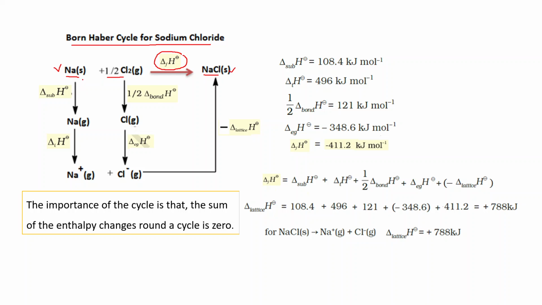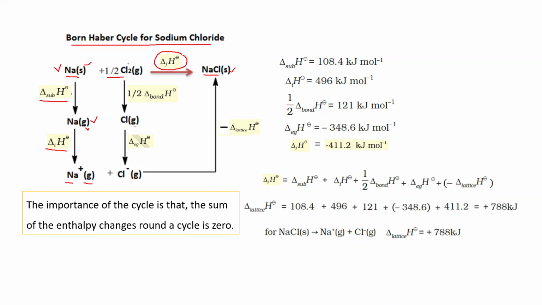Just see, first of all, sodium solid will convert into sodium gas, and whatever heat we are supplying is known as the standard enthalpy of sublimation. When Na gas loses one electron and converts into Na plus gaseous ion, whatever the change in enthalpy is known as ionization enthalpy.